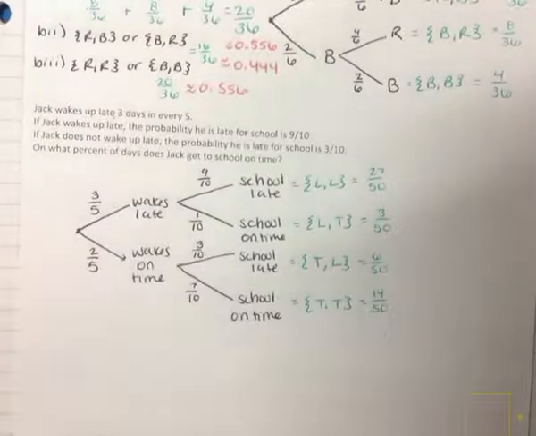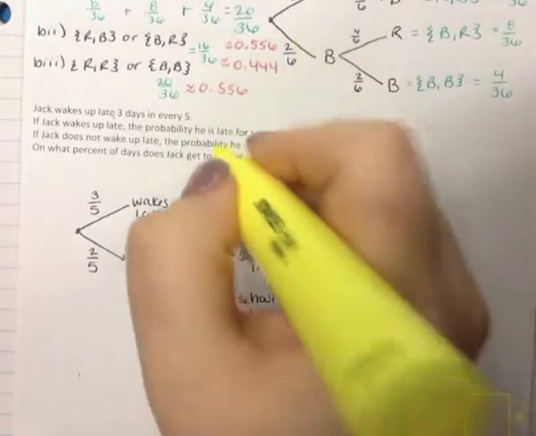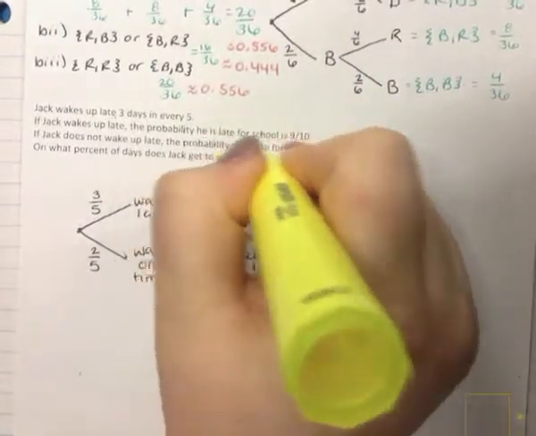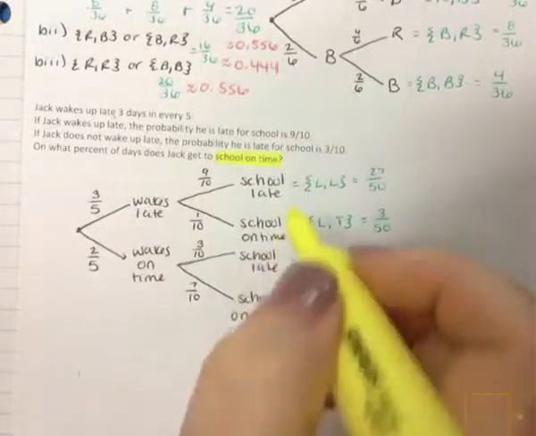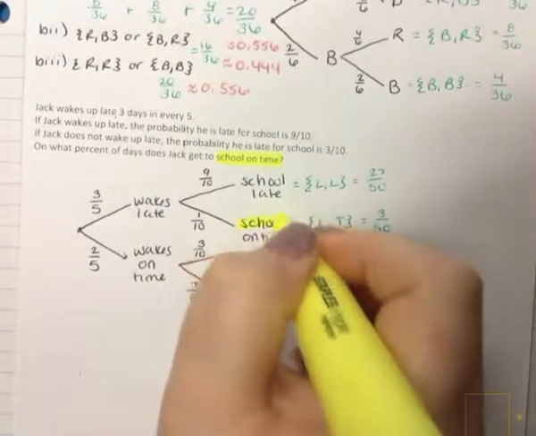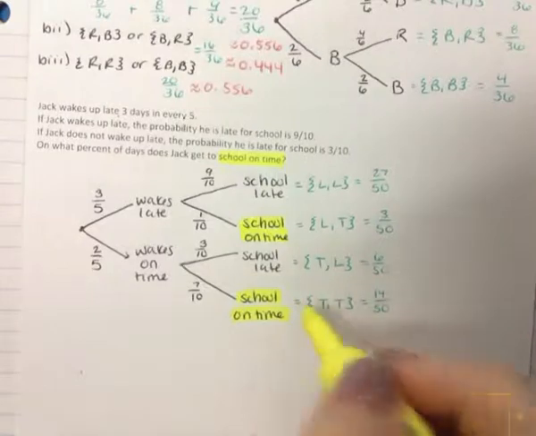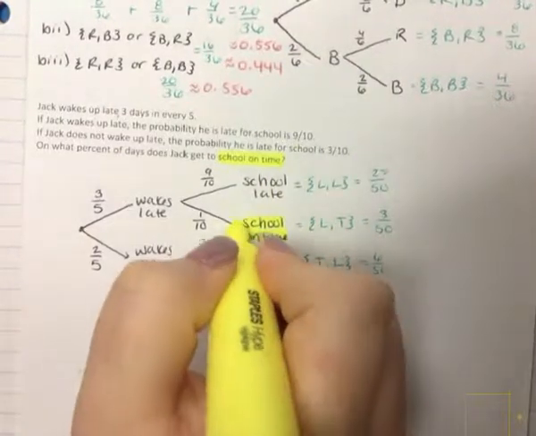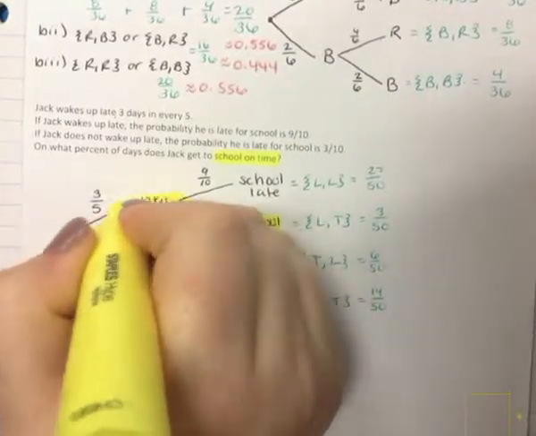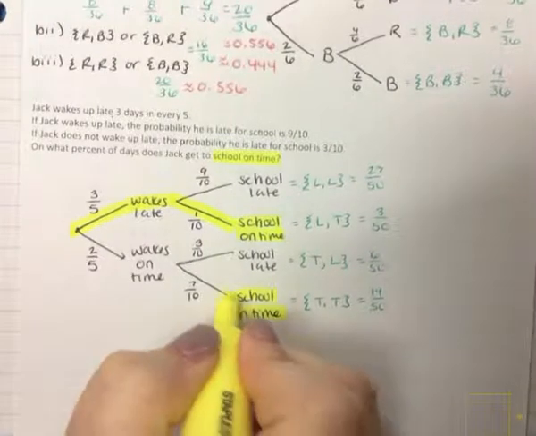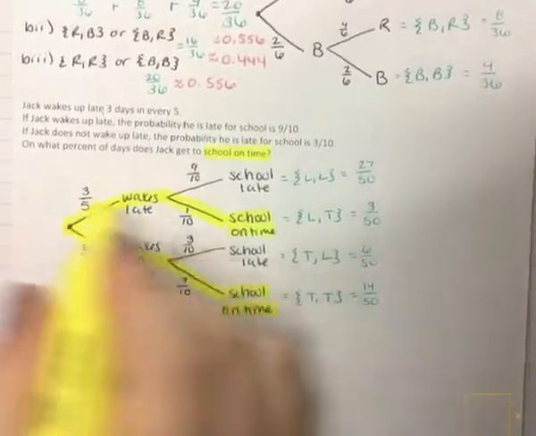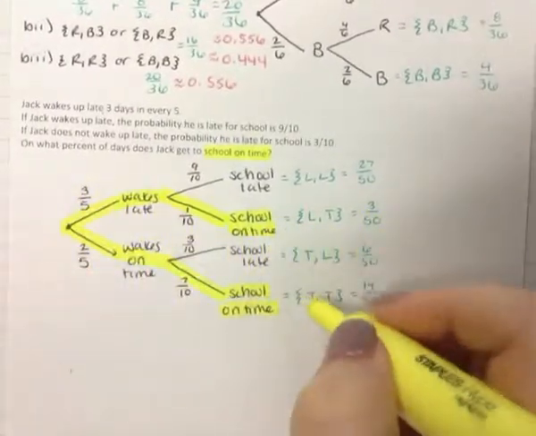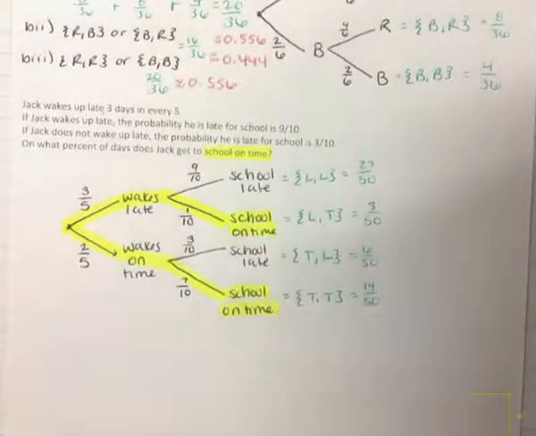So when it's saying get to school on time, if you don't have the sets written out, you can still find school on time and then school on time. And then we can just follow all the way back to the beginning. That's all we're really doing. And we just have these numbers. So we have the 14 out of 50 and the 3 out of 50.